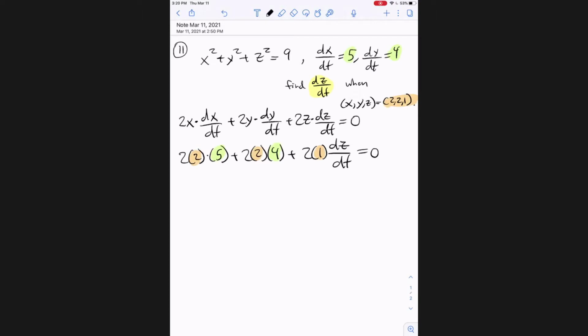So then you just go, 4 times 5, that's 20, plus 16, plus 2 times dz over dt equals 0. So that's 36, plus 2 times dz over dt equals 0. Move the 36 over, divide by 2, dz over dt equals negative 18.